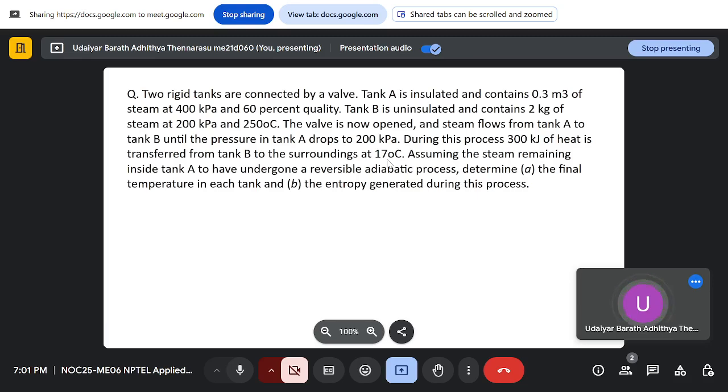During this process, 300 kilojoule of heat is transferred from tank B to the surroundings at 17 degrees Celsius. They are saying that tank A goes through a reversible adiabatic process, which we have already seen in the previous problems, that the expansion is a reversible adiabatic process. Here they have explicitly mentioned that. What we have been asked to find out is the final temperature in each of the tanks and the entropy generated during this process.